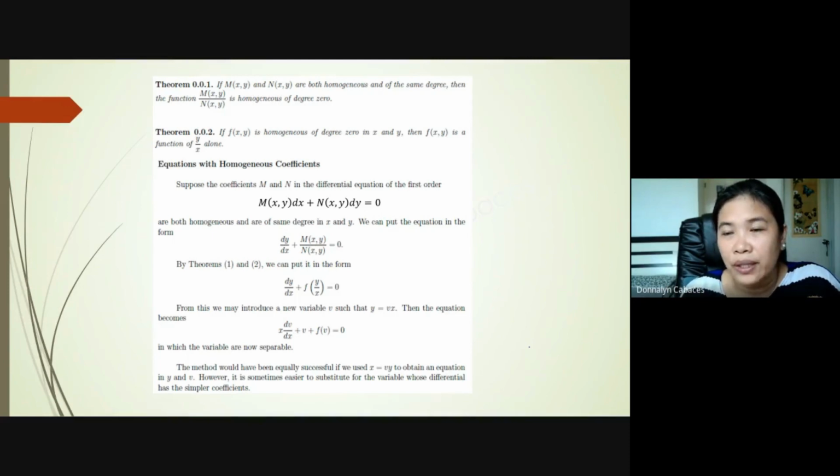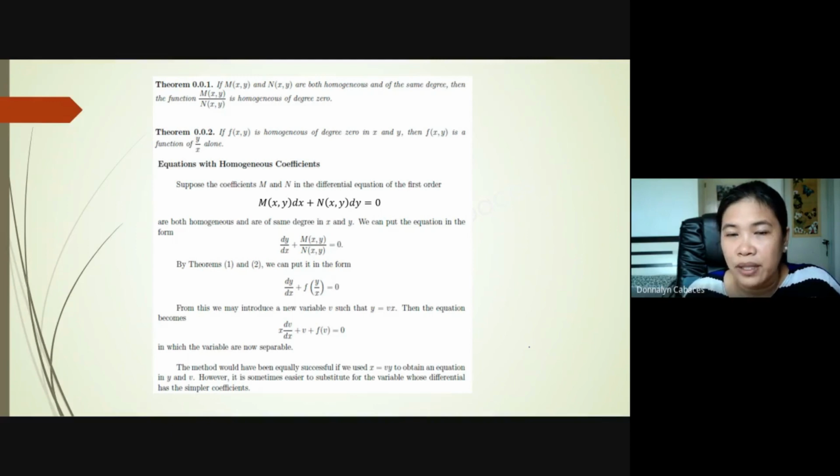Now, how are we going to provide a solution to a differential equation which is found to be homogeneous? Suppose that M and N in the differential equation of the first order, M(x,y) dx plus N(x,y) dy equals 0, are both homogeneous and of the same degree in x and y.